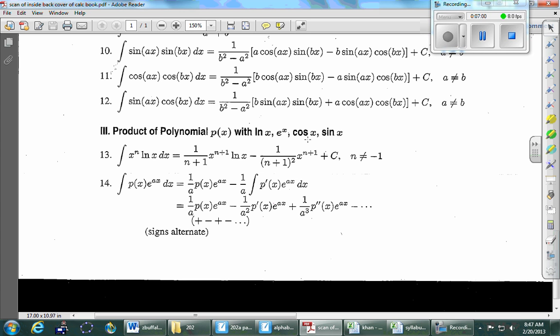Okay, how much is n in number 13 for our example? N is 5. So we just have to copy this formula with n equal to 5. So go ahead and do it. You've got the blank space there.